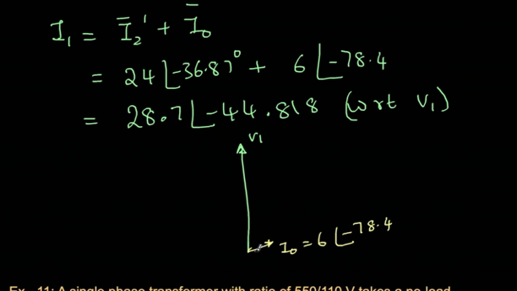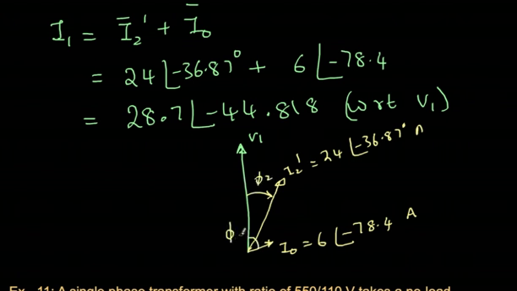Whereas the other one, this is I2 dash. This is 4 times bigger than this, so 24 amperes, angle of minus 36.87 degrees, again with reference to this. So this angle is phi 2, and this is phi naught.